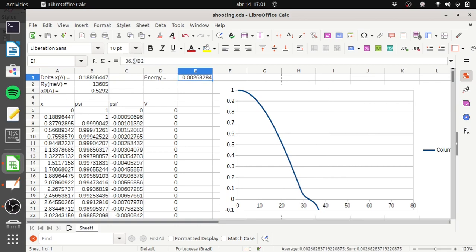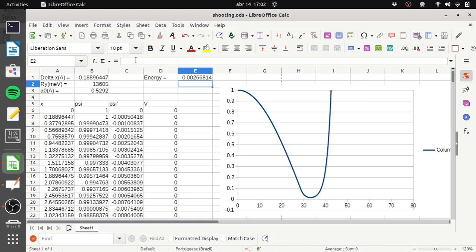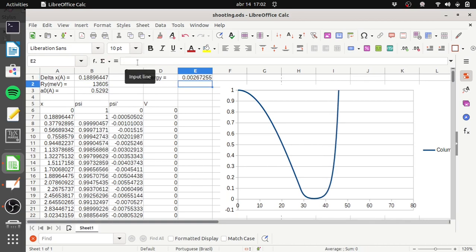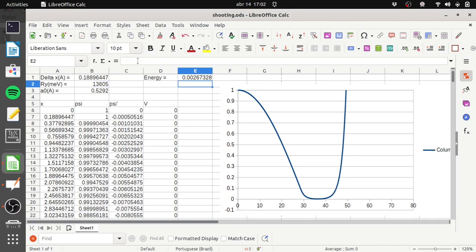So let's try now something in between. 36.4. 36.3. Then it's too less. So 36.35. It's getting better and better, you see? 36, 37, 38. Then it's too much.